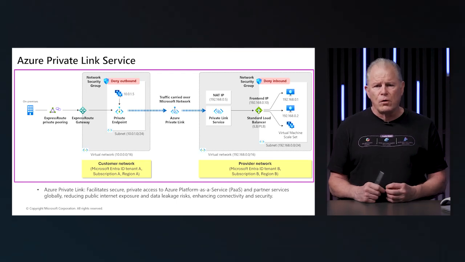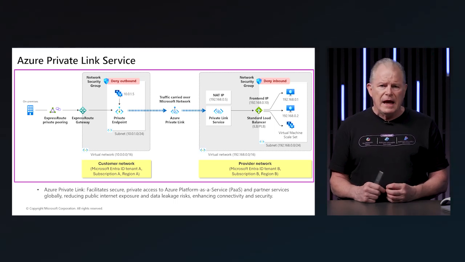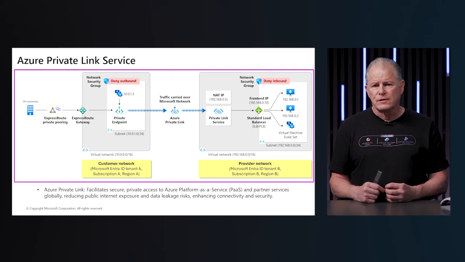It allows you to control and monitor the exposure of your services by enabling the private access only. And it enables alias and connection management by supporting a globally unique alias, which can be shared with consumers and customers to initiate private connections. You can manage and approve connection requests to the service.